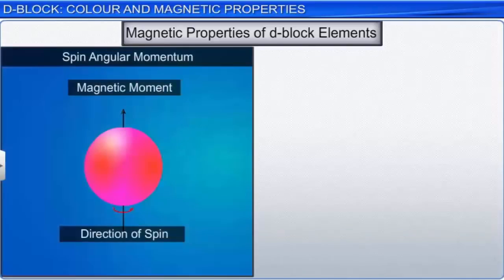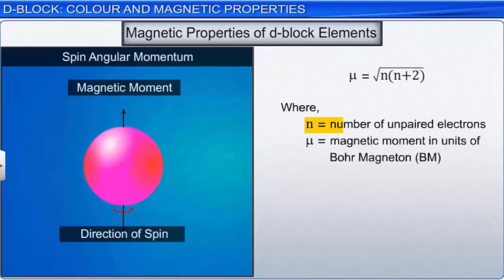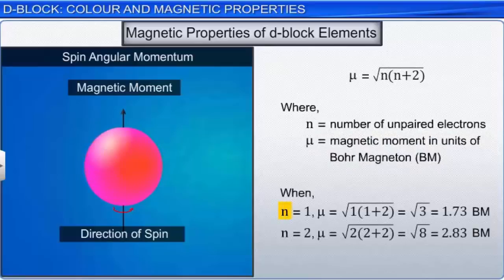Here, n is the number of unpaired electrons. When n is equal to 1, the magnetic moment is 1.73 Bohr magnetons, and when n is equal to 2, we get 2.83. In case of iron, cobalt and nickel, the unpaired electron spins are much more pronounced. As a result, these elements are much more paramagnetic than the rest of the elements.